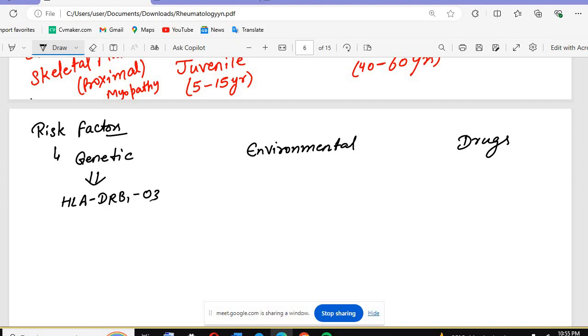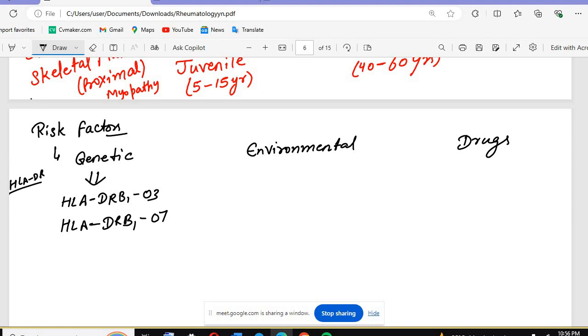If you understand that it is HLA-DR, a gene of that kind, it means you are on the right track. Don't worry if you can't remember these genes. Just remember it, because we have to write something. If I just write genetic, you should ask me what kind of genes there are. So just remember there is an HLA-DR gene.